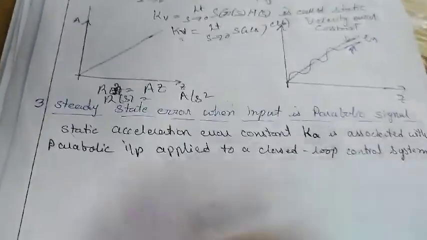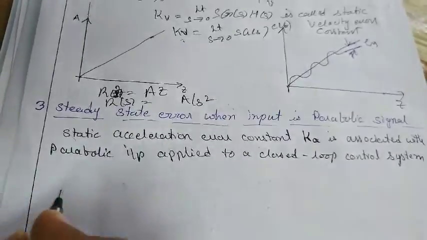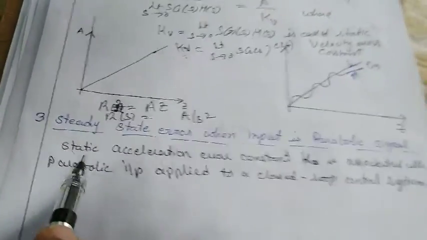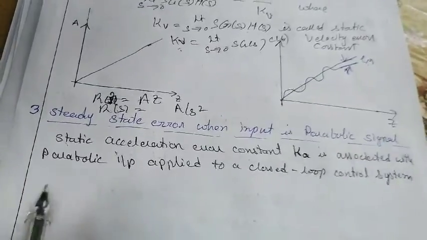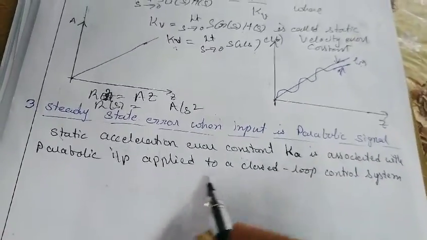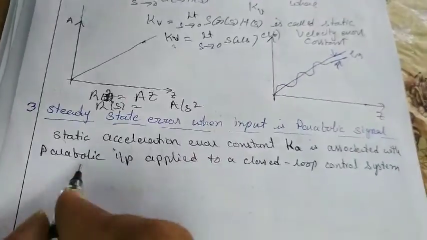Next we go for the third one, that is steady state error when the input is a parabolic signal. When the input is a parabolic signal, the static acceleration error constant Ka is associated with this parabolic input when you apply it to the closed loop control system.